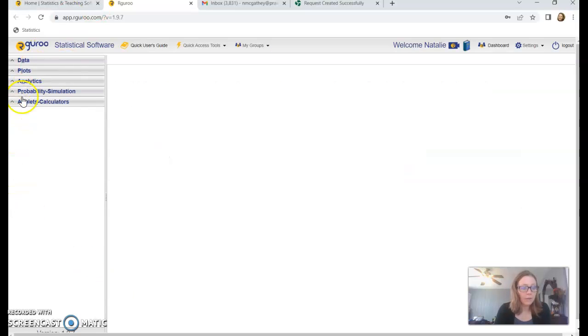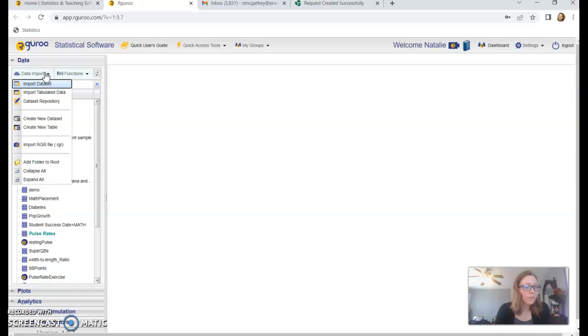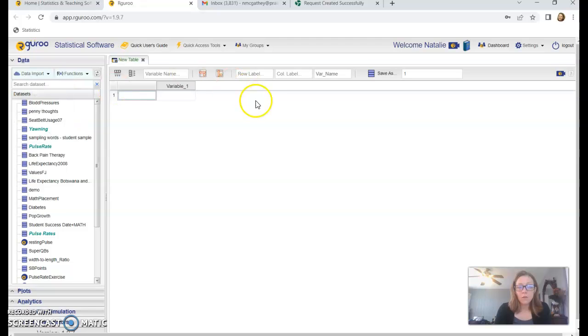I've already got an input here, but the way that we do that, we go to data, and under data import, you'll go to create a new table. Now when I do this, I will have 1, 2, 3, 4, 5, 6, 7 columns.